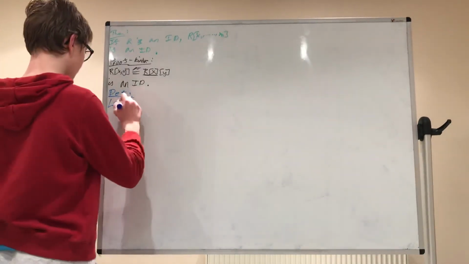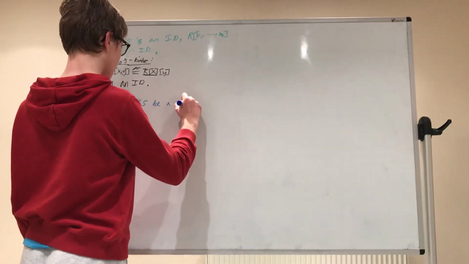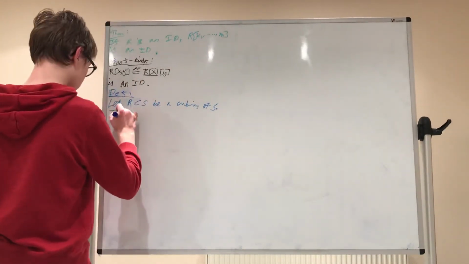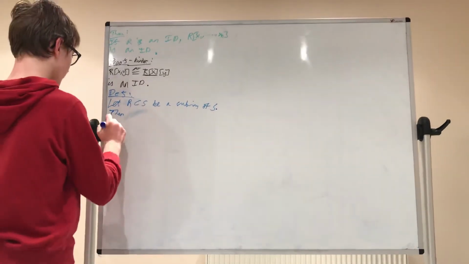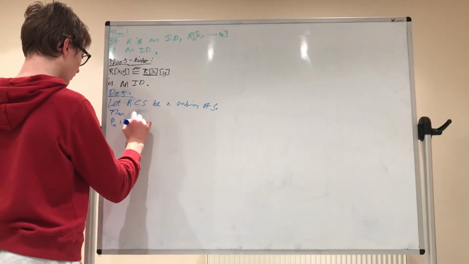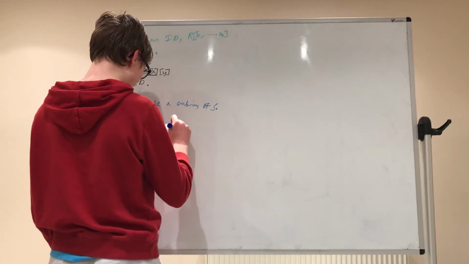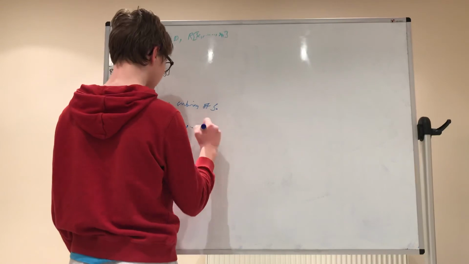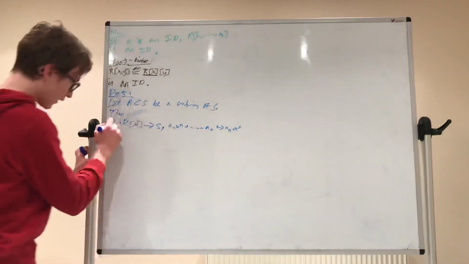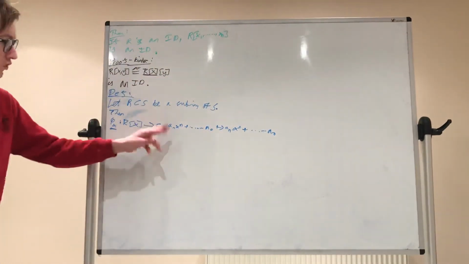Let R be a subring of S, then the map phi alpha, which takes in a polynomial and outputs an element of S, sends a_n x^n plus ... plus a_0 to a_n alpha^n plus ... plus a_0. So it's actually just evaluating the polynomial at alpha.